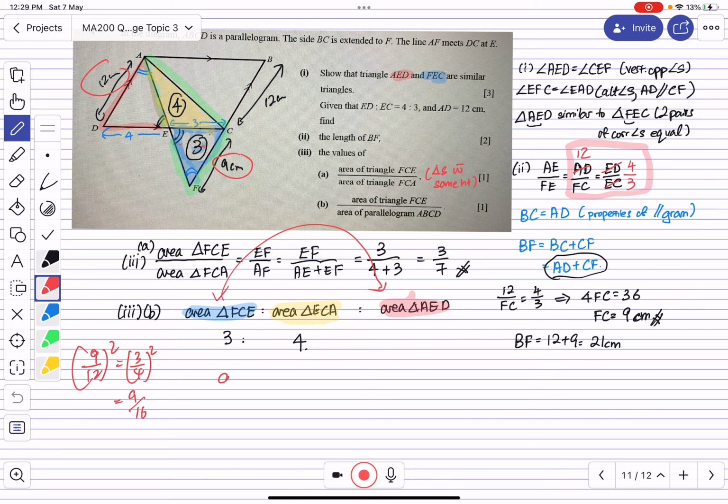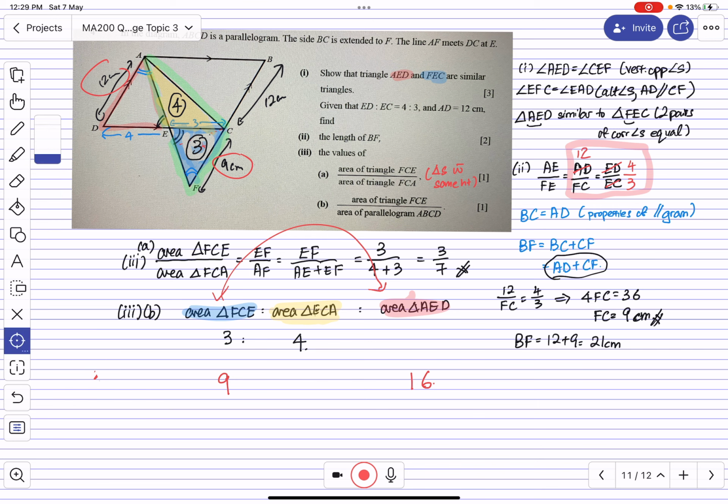So this is 9:16. So FCE to AED is 9:16 because it's 3/4 squared, as these two triangles are similar. Let me just write down here.